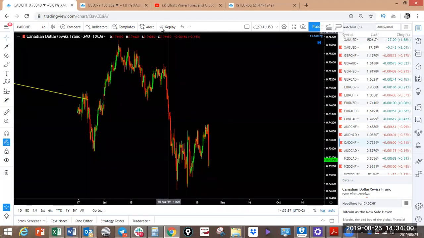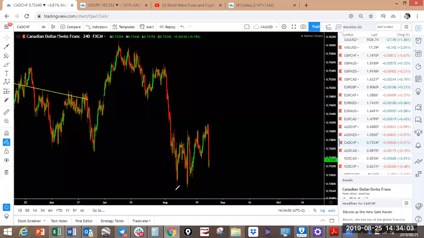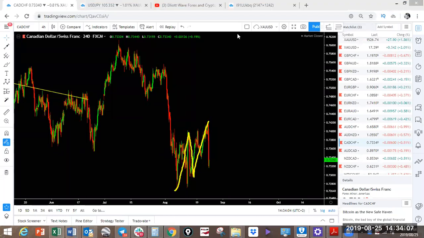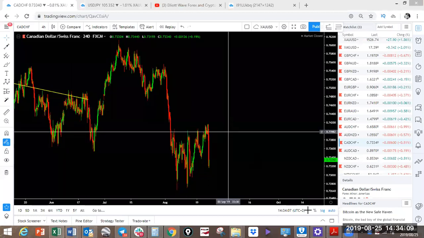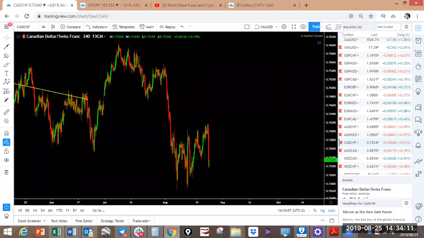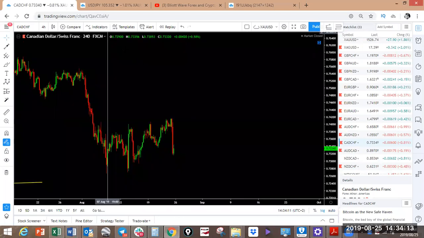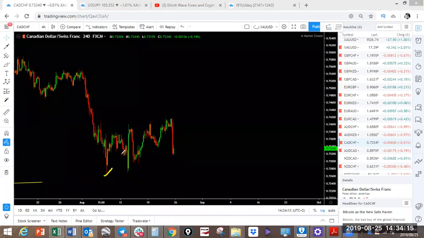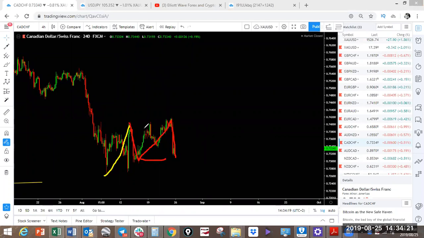CADJPY, similar to AUDJPY. You've got a 1, 2, 3. Or this can be slightly different. Could be a 3-wave move to the upside. I see a regular flat here as well. And the push higher. And if it does this, it's just a 3-wave pullback, and then we'll expect a push lower still.